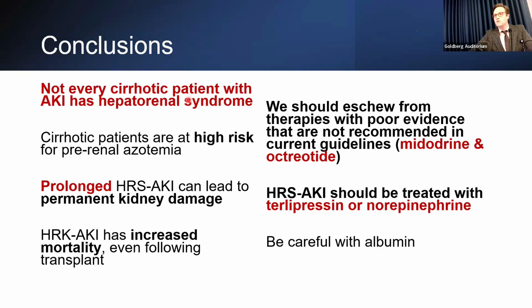I think anyone in this room would not want their mother to get midodrine and octreotide if they were to have HRS AKI. Yes, that means that we are going to have to bother the ICU more, and that's just how we have to take care of our patients. And we can't use terlipressin, but terlipressin may not be better than norepinephrine, it's at least equivalent. So we should use norepinephrine to treat HRS AKI and be careful with albumin.